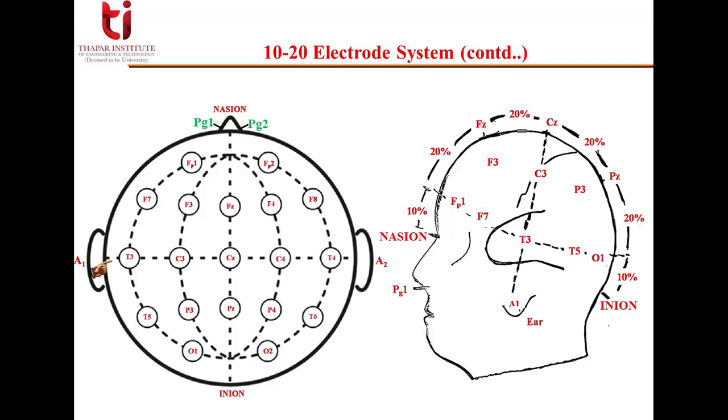Skull circumference is measured just above the ears at T3 and T4. It starts above the bridge of the nose, that is mainly at FP1, and goes to just above the occipital point, that is O1.